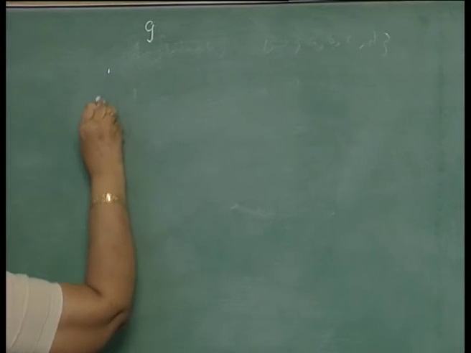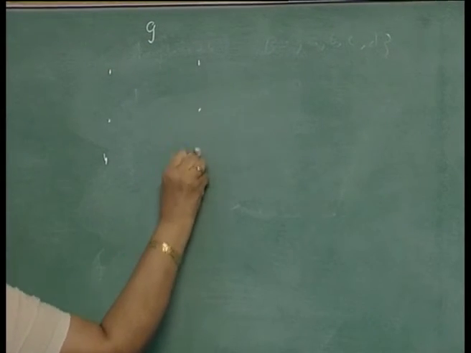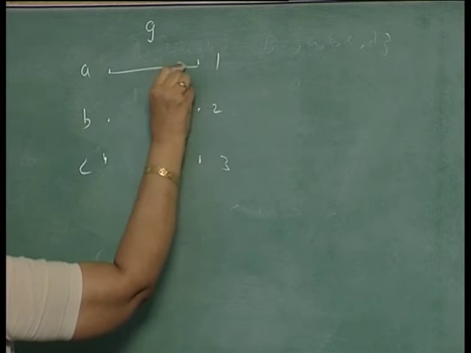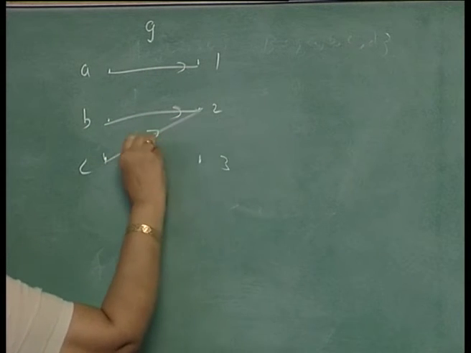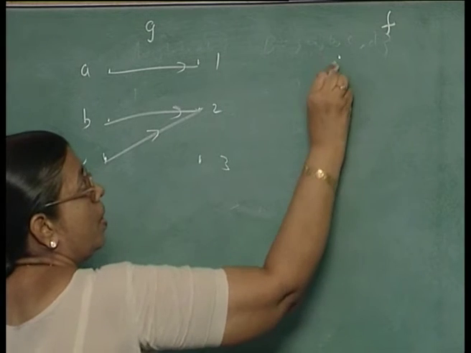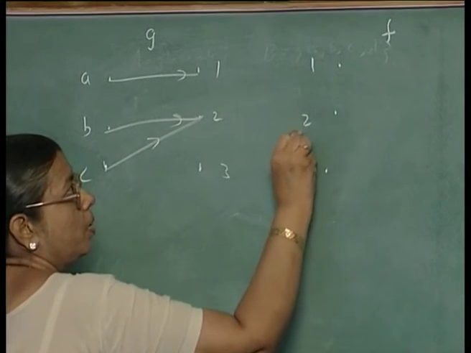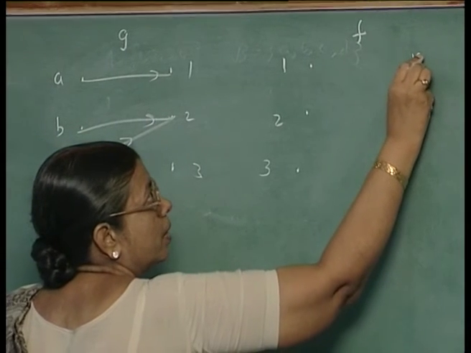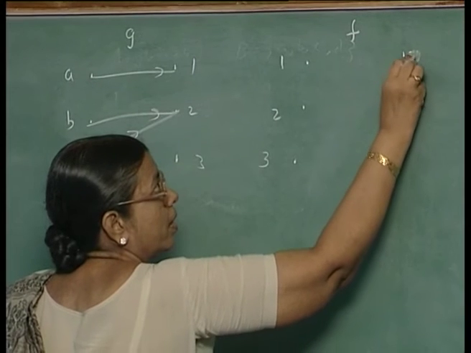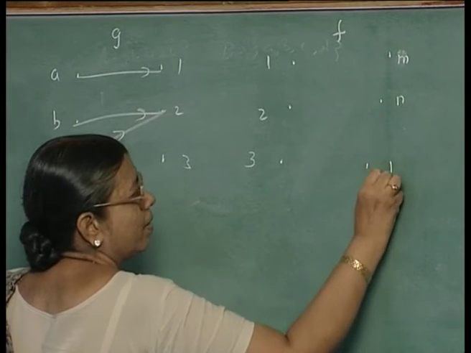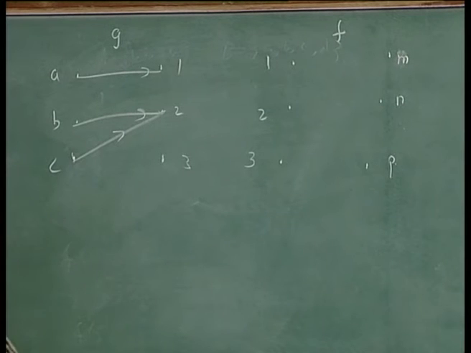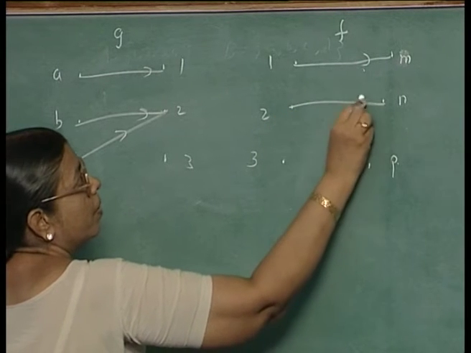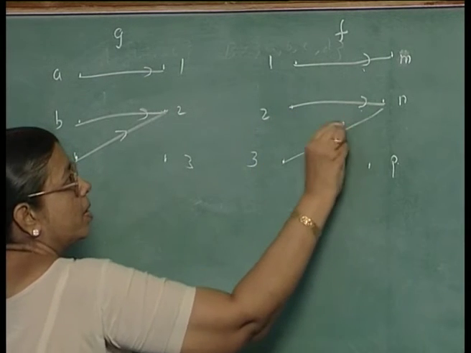Now, g is from {a, b, c} to {1, 2, 3}, something like this, and f is from {1, 2, 3} to say {m, n, p}, something. Then 1 is mapped on to m, 2 is mapped on to n, 3 is mapped on to n, say.